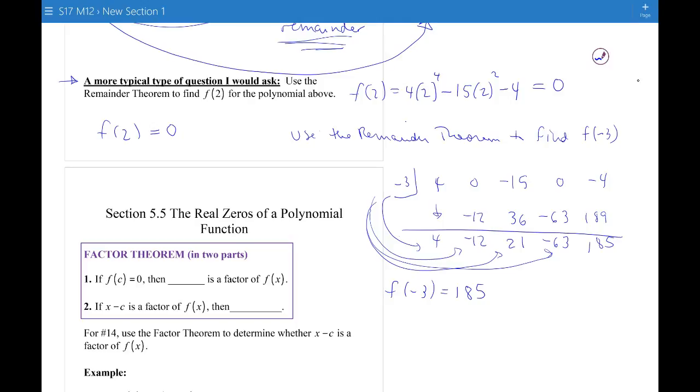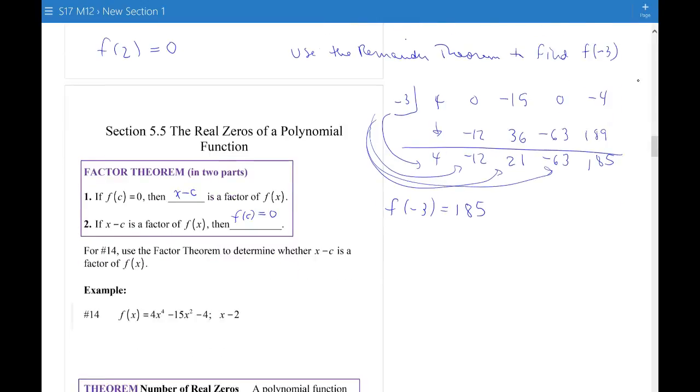Okay, so now let's talk about the factor theorem, which actually has two parts. First, it says if f of c is 0, then x minus c is a factor of f of x. And then it goes back the other way and says if x minus c is a factor of f of x, then f of c equals 0.